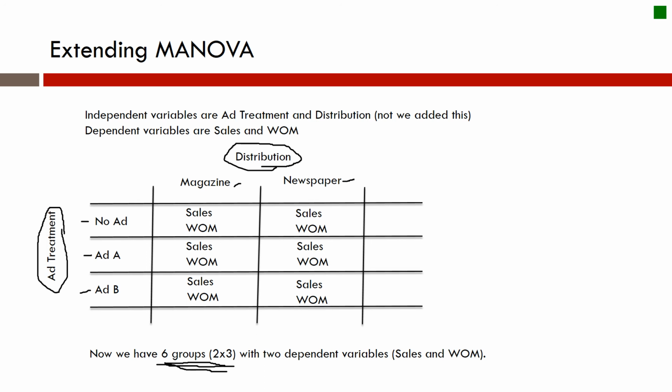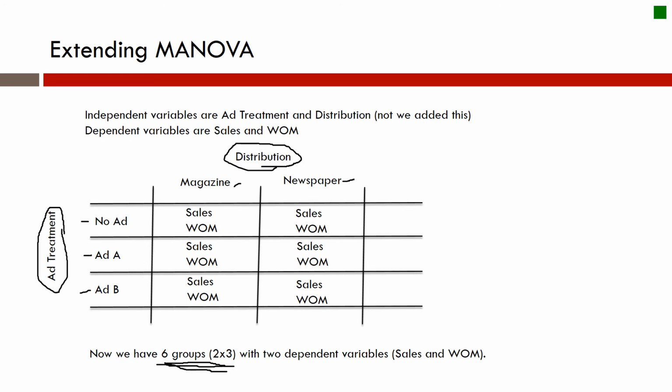So when we actually run this analysis, we need to make sure that we have a large enough sample size in each cell to be able to run the analysis and move forward with it. So we want to make sure we have enough power, in other words, to be able to do this.